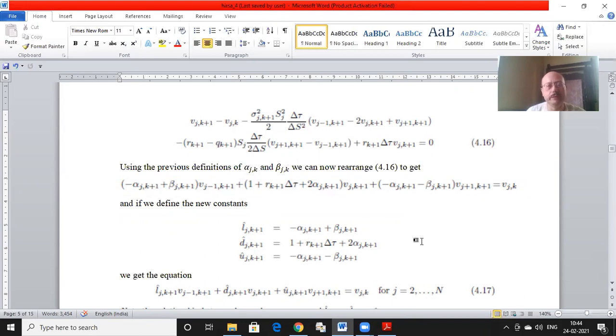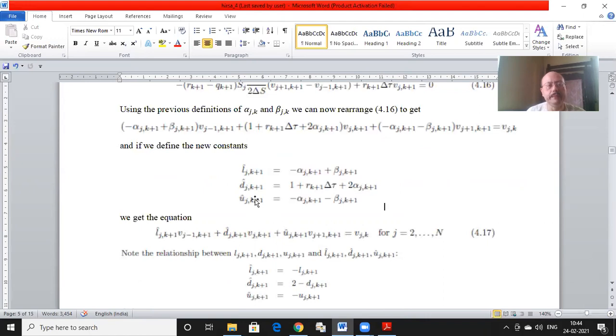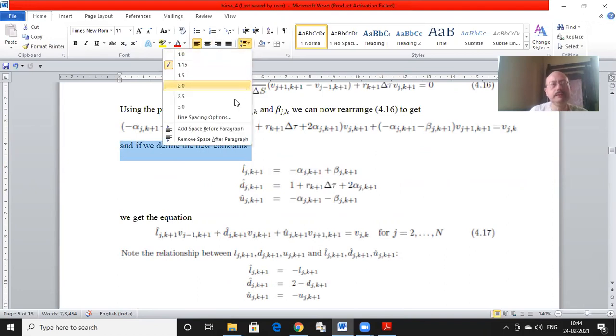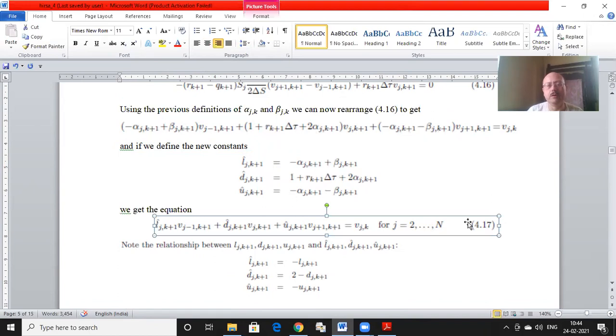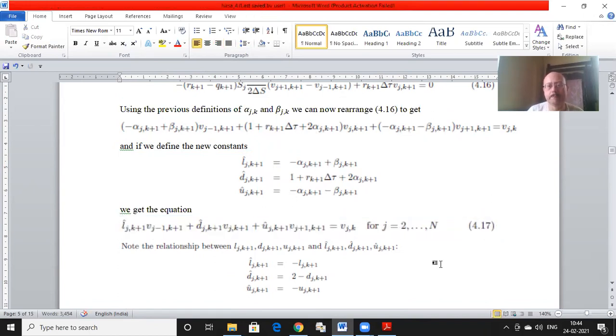And again, we define new variables L, D, and U as before, using these kinds of constants. So this L, D, and U now replace our coefficients here, which are longer to write. So I get a more compact version of the difference equation in 4.17.